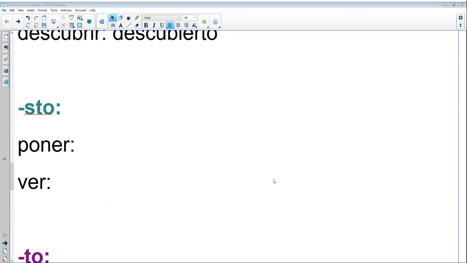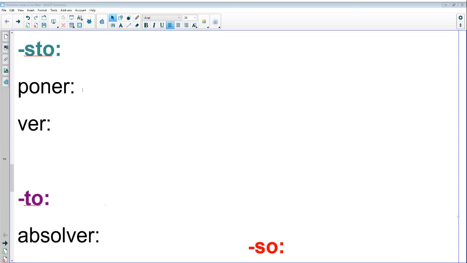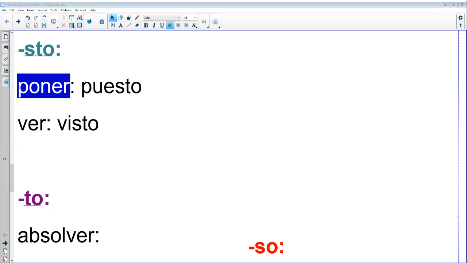And those are our irto irregular past participles. After our irtos, we have our stos. We have poner and we have ver. So for poner, our irregular past participle is puesto, and ver is visto. Now please remember, other verbs that happen to have the stem verb poner inside of them, you would still make them irregular.